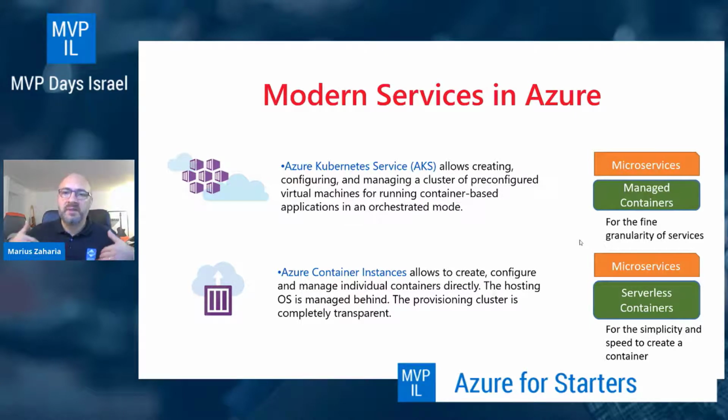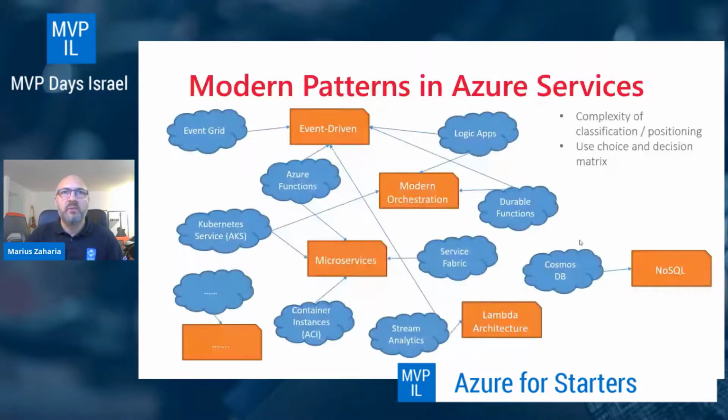And it also comes in this model of the microservices application architecture pattern. So as you can see, we have technologies and services that are very interesting to model. At the same time, they fill in multiple axes, multiple checkboxes. There's a complexity of classification and positioning.